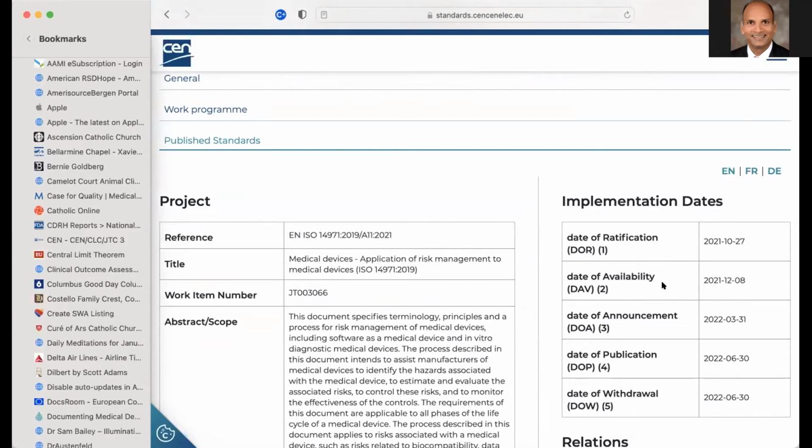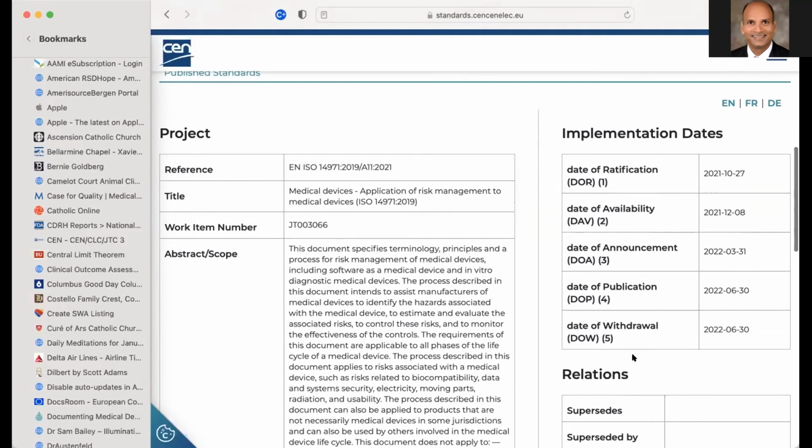The standard has been sent to those organizations to publish, and they have to have it published by 3/31/2022. The date of publication by the competent authorities for the local countries is 6/30, and at that date they also have to withdraw any conflicting standards.